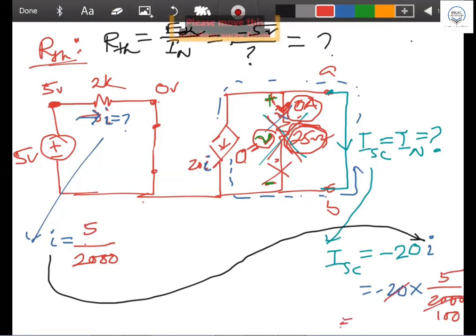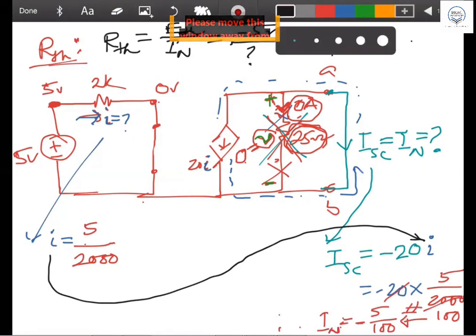Minus 0.05. Okay, I'm writing here 5 by 100. Let's say like this, this is I short circuit or I Norton equal to this value, 0.05.